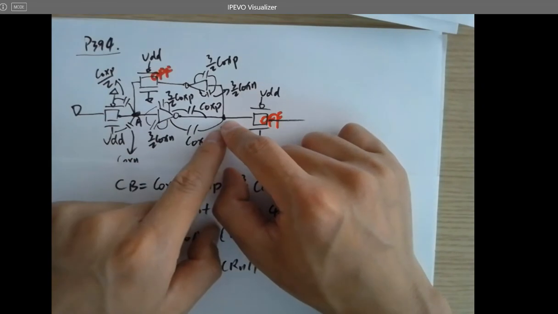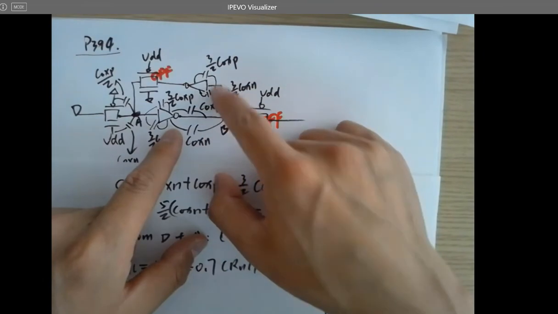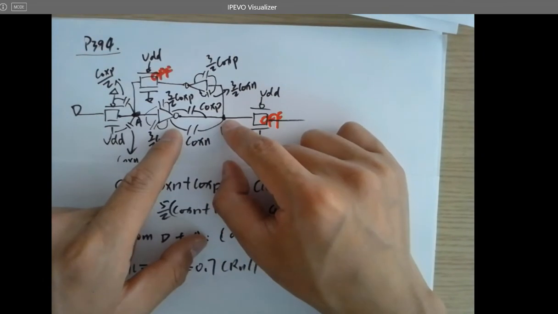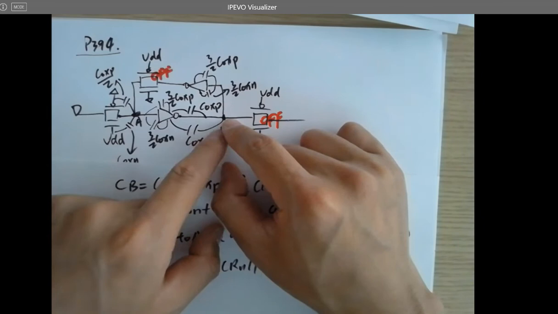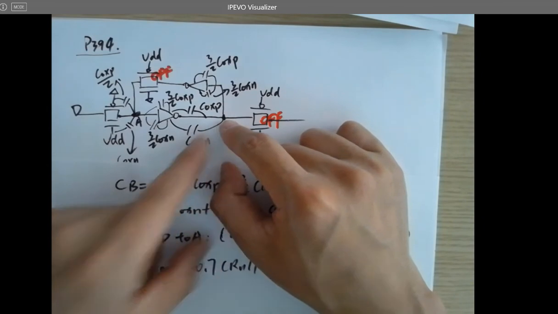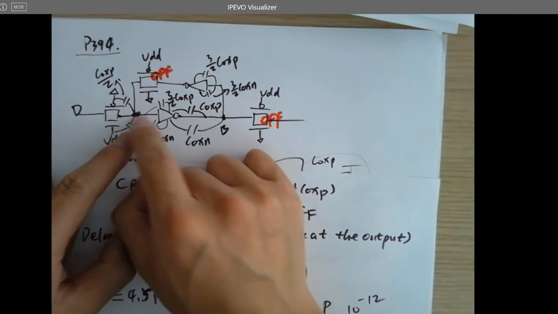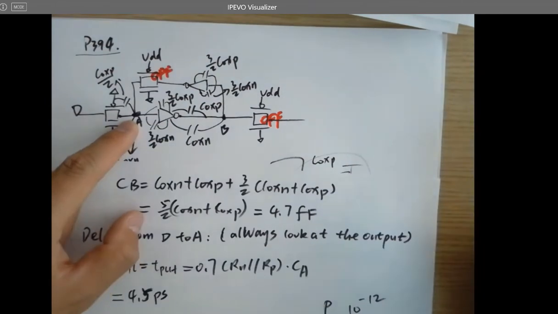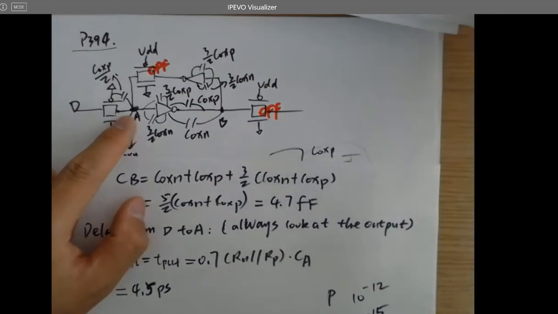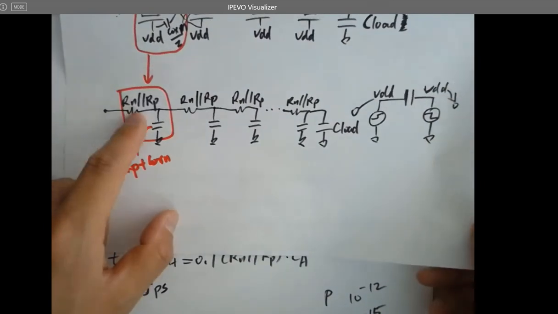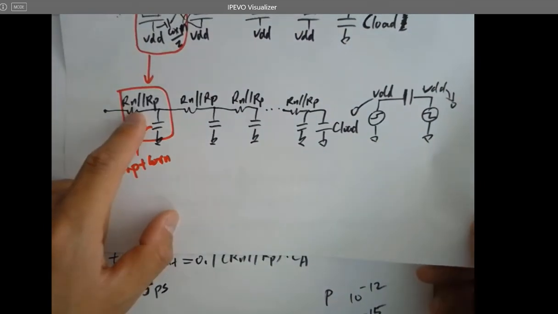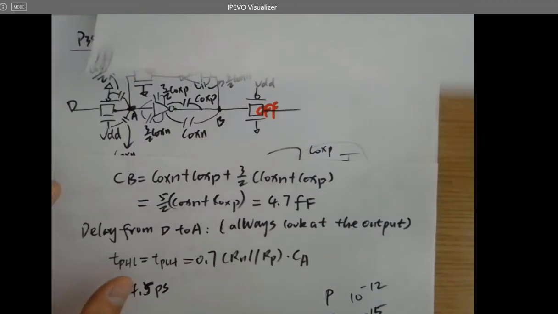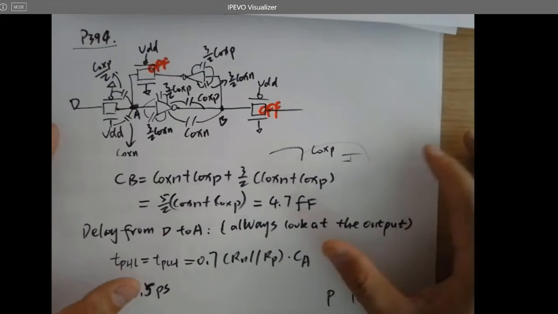So Rn is running the current through itself, so we should use 0.7 Rn times CB. But why not doing it here? Because this is also being shorted to the inverter. Why are we not just using Rp or Rn, but rather this parallel resistance, not the individual ones?